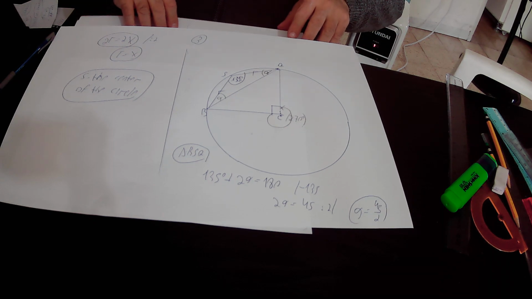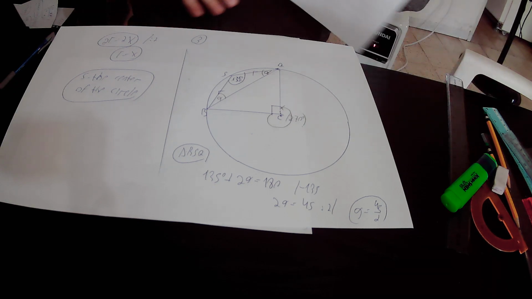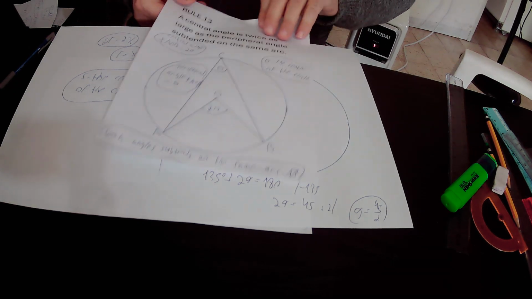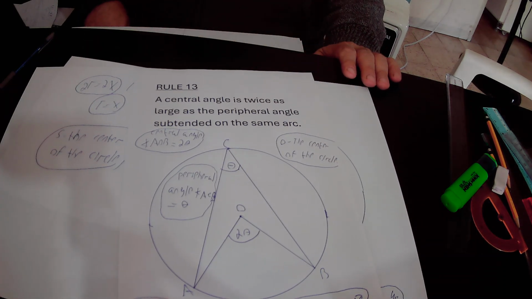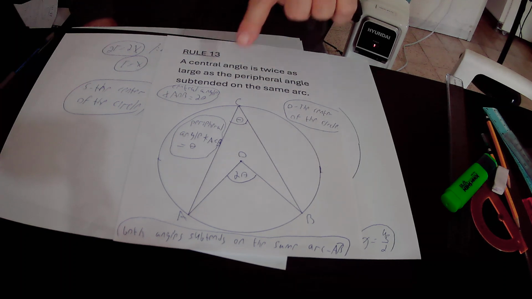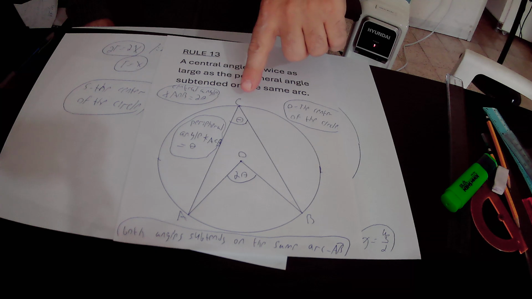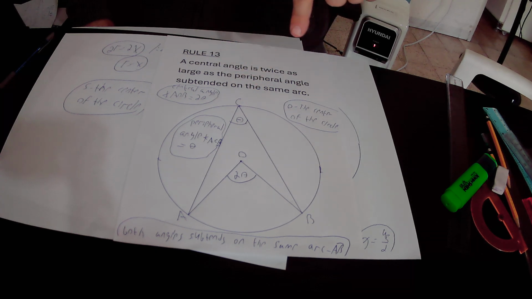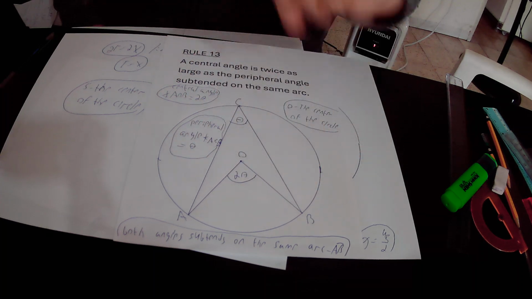Then I presented to you rule number 13, and we can apply rule number 13 in our drawing. According to rule number 13, a central angle is twice as large as the peripheral angle subtended on the same arc. In the drawing we have a circle. Inside this circle we have peripheral angle ACB, which equals theta in size, and it is subtended on arc AB.